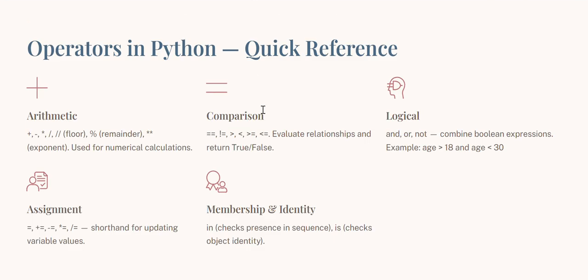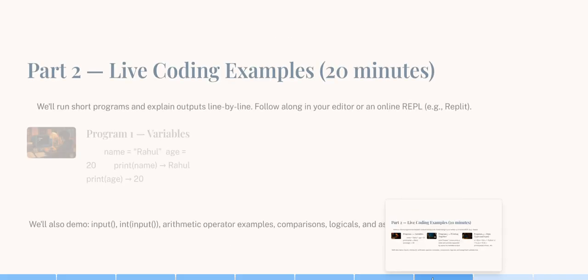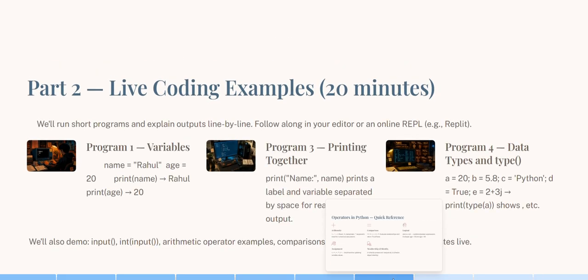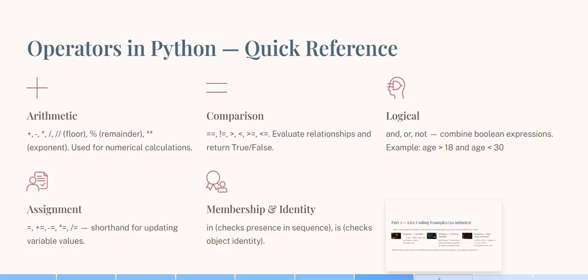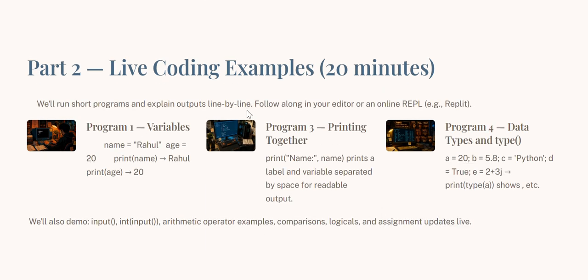So now we come back to this PPT. Here are some live coding examples. Program one is variables, like putting a name on variables, like I told you how to name variables.